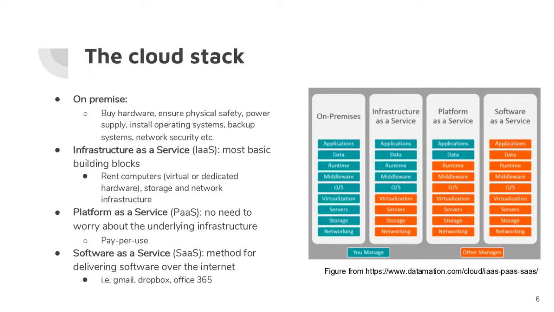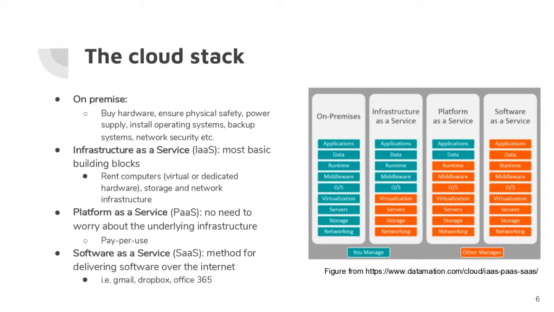Basically you rent computers, you rent storage, you rent infrastructure for networking, and you don't have to worry about the hardware layer. You still have to install your operating system and your application. You still have to select and rent disks and decide how you're going to store your data and stuff like that. But you don't have to worry about the hardware.